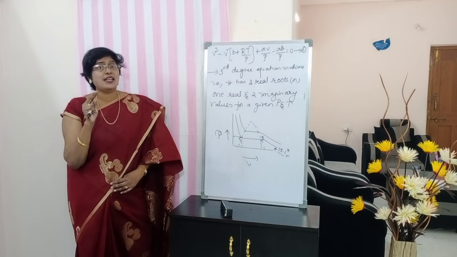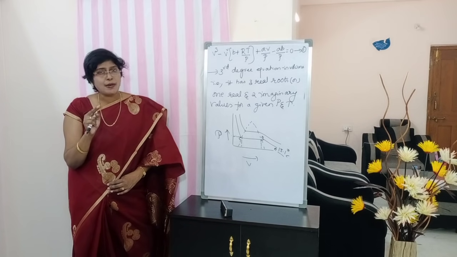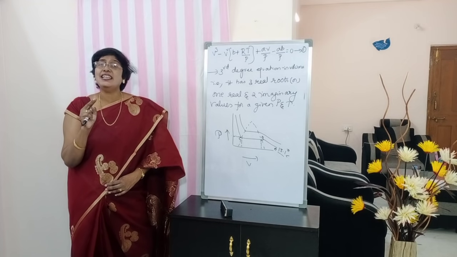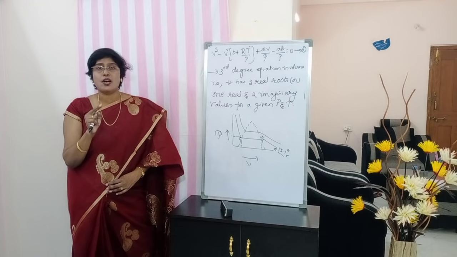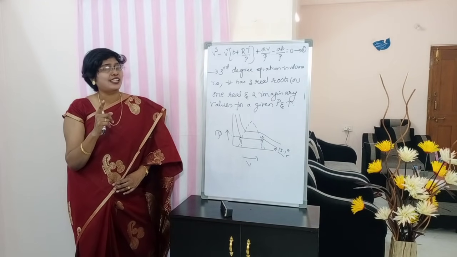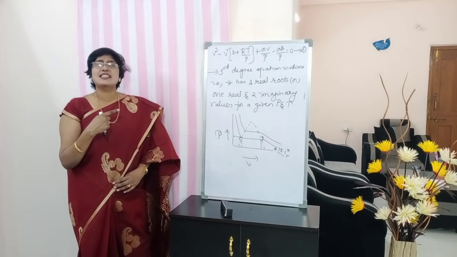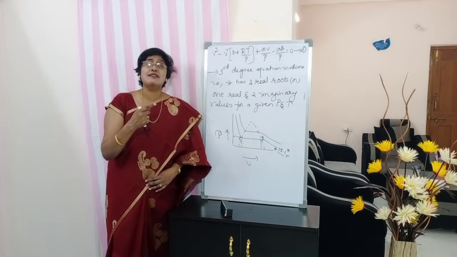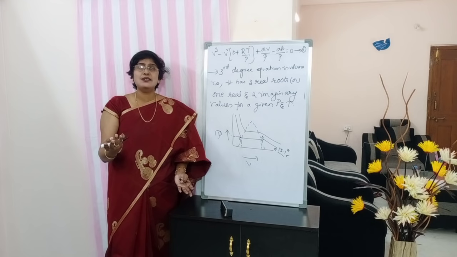So when Andrew did the experiment on carbon dioxide, he could find that there are 2 values of volume at one temperature at a particular pressure. But this equation tells us that volume should have 3 values. Then where is the third value?